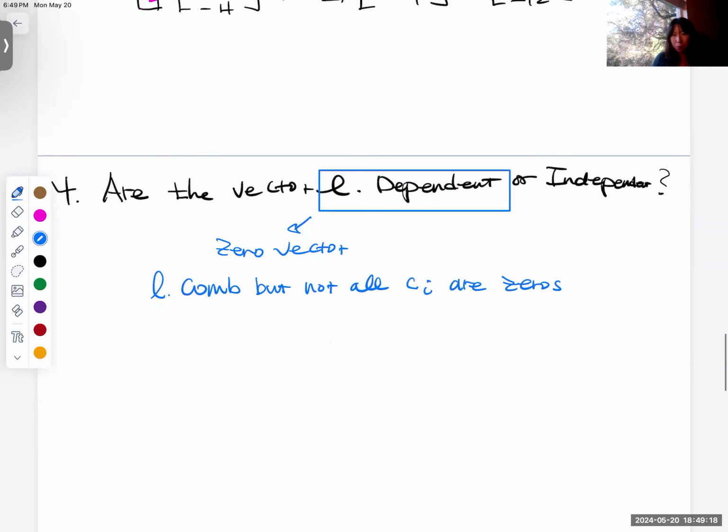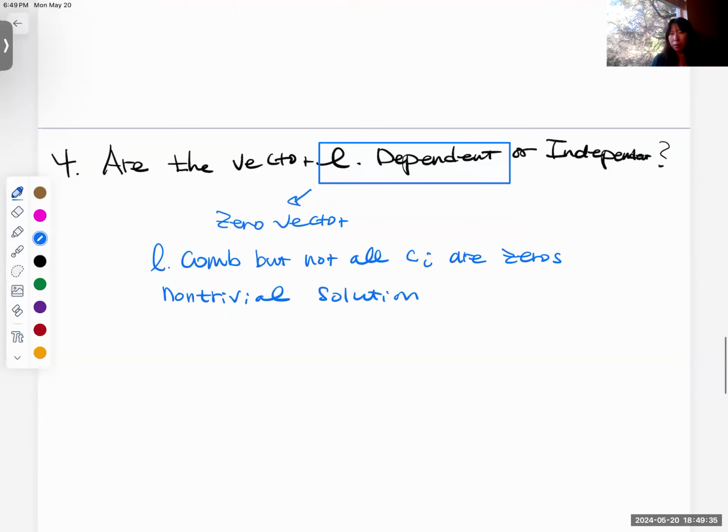Okay, this one also we can express a non-trivial solution, right? And we can express a multiple of the other, right? Okay, they are related to each other, right?